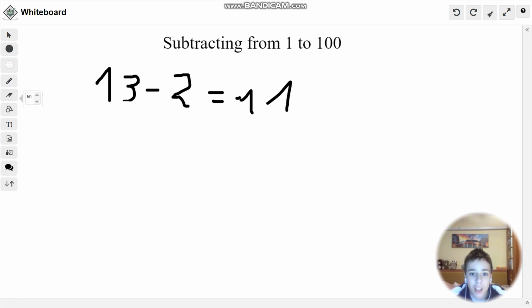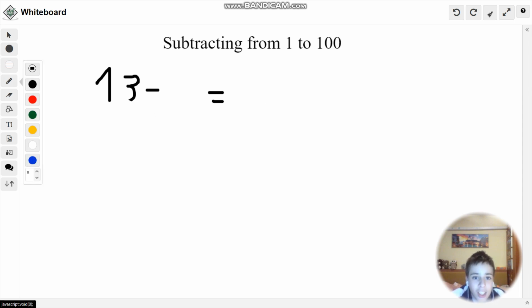Now let's check what our previous example would have given us. 13 minus 8. Now this one is a little bit more interesting. Because 8 is bigger than 3, this number will do something interesting. So first we do 3 minus 8. 3 minus 8 is 2, 1, 0.